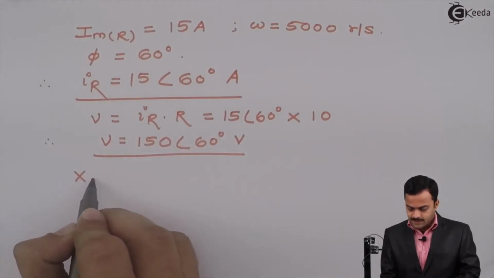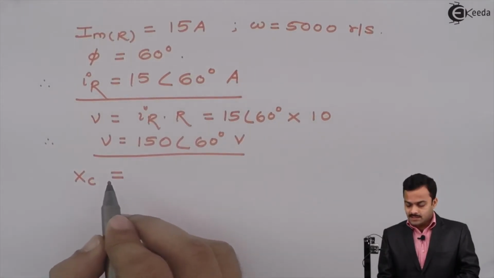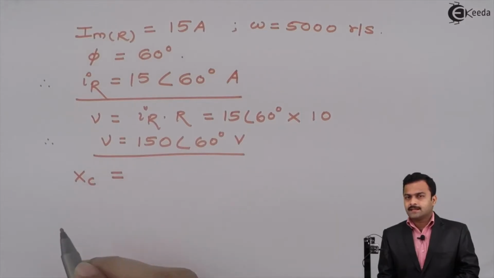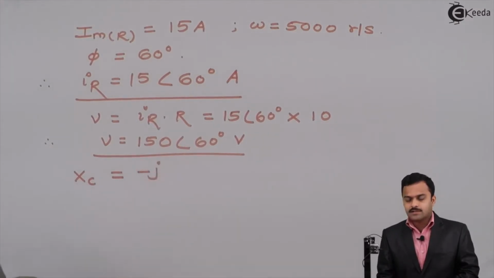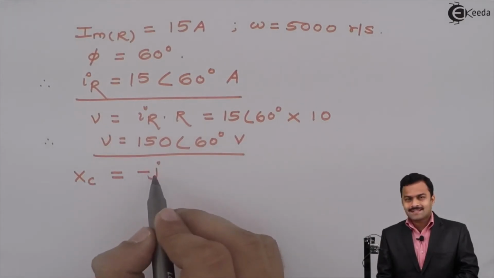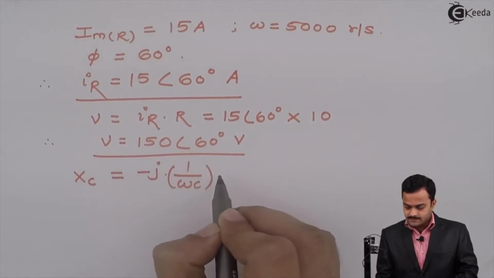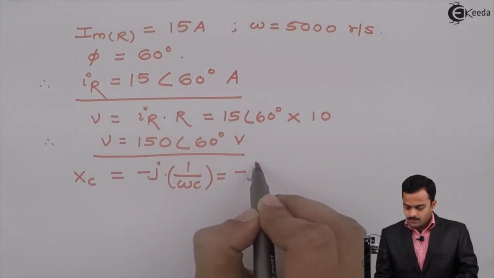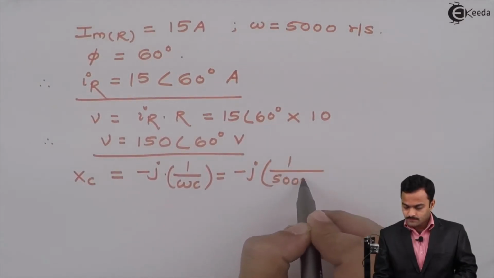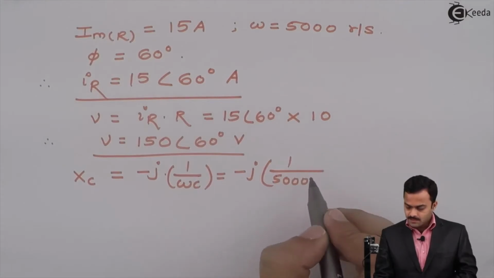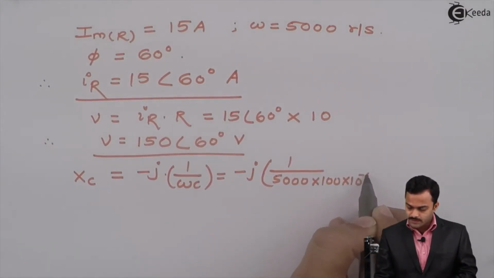XC is the capacitive reactance, given as a complex quantity: the real term is 0 and the imaginary term has minus j associated with it. So, it is minus j times 1 upon omega C. Minus j 1 upon omega, which is 5000, and the capacitance is given as 100 microfarad, so 100 multiplied by 10 raised to minus 6.